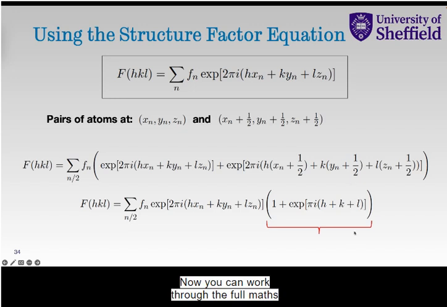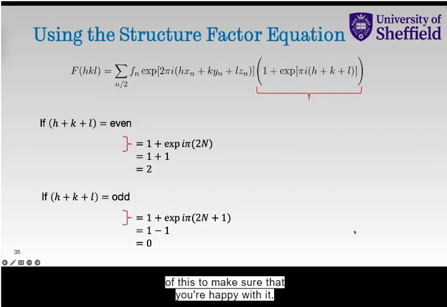Now you can work through the full maths of this to make sure that you're happy with it, but the key thing here is we've got this expression in our equation. If h plus k plus l is even, then this exponential is going to be equal to 1. So this is 1 plus 1, which equals 2, giving a multiple of 2 multiplied by whatever is taking place here.